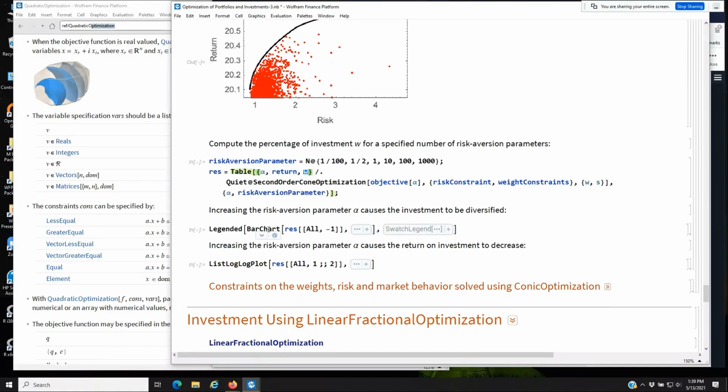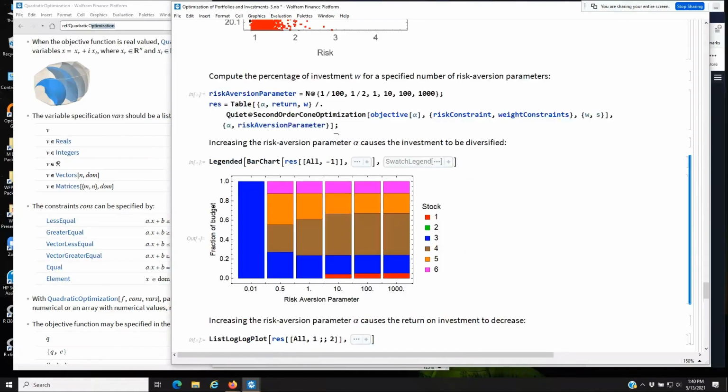And these will then go into a bar chart. The bar chart will tell me how much of each of the 6 stocks are associated with each different value of alpha. And again, we get a very similar situation. As you become more risk averse, so your portfolio becomes more diverse. If you're least risk averse, that is very risky, you'll just choose the stock that has the highest return and stick with it.